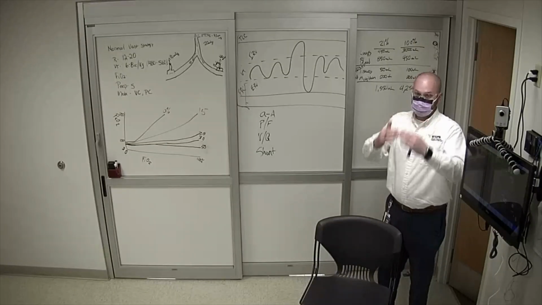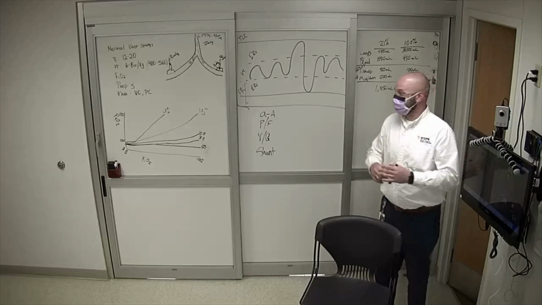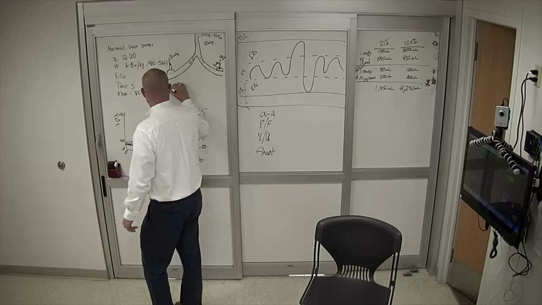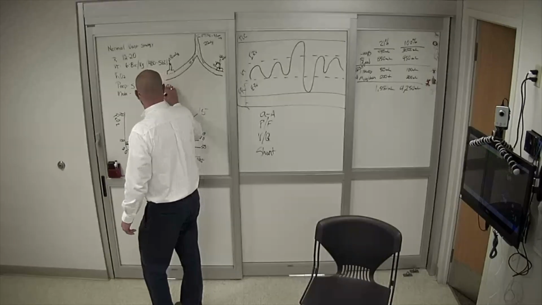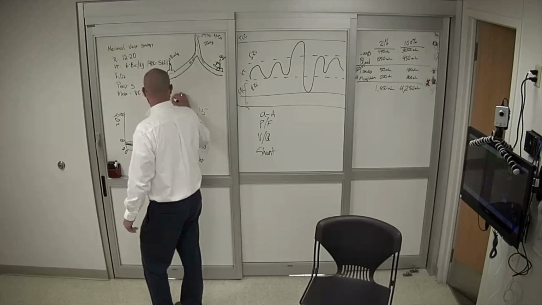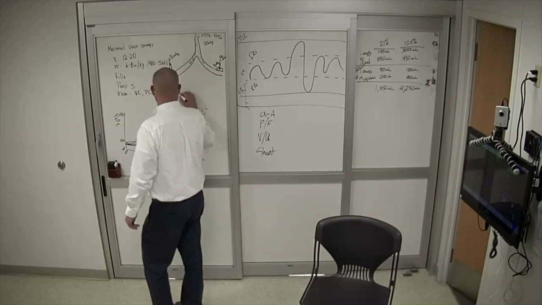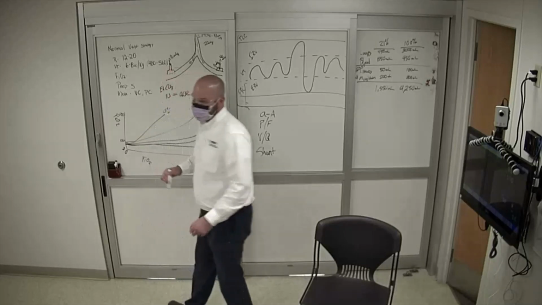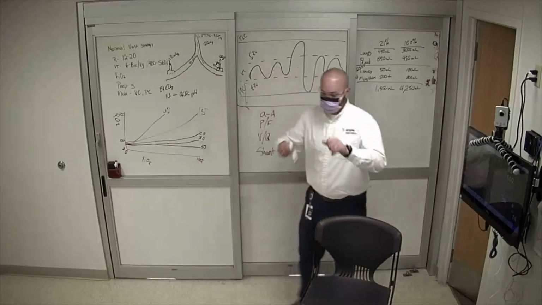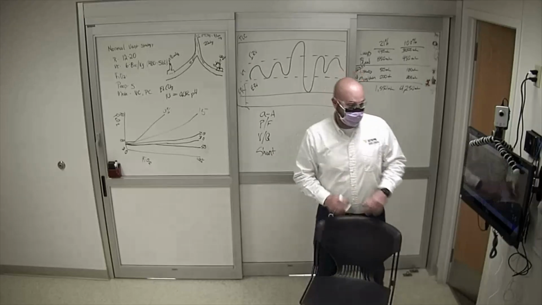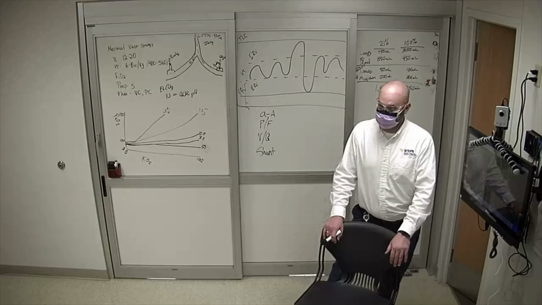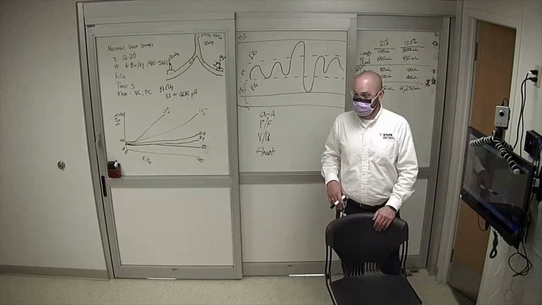So a 10-point change in EtCO2 equals 0.08 pH in the opposite direction. It's inversely proportional, right? So if I was 7.45 and I go up by 0.16, that's 7.61. Make sense? So keep that in mind as you're working with these patients.